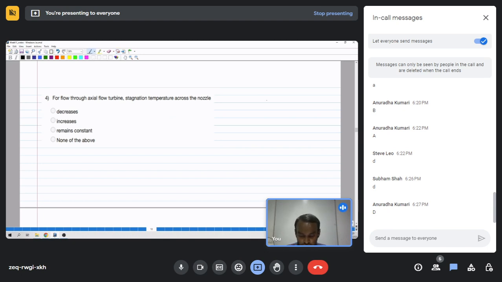For flow through axial flow turbine, stagnation temperature across the nozzle decreases, increases, remains constant, or none of the above.